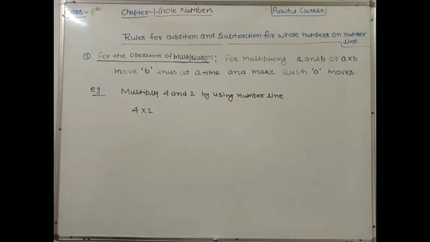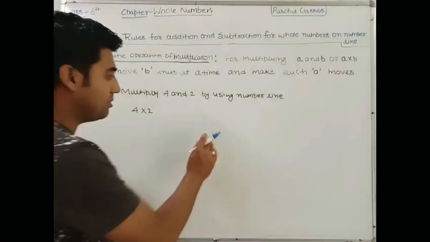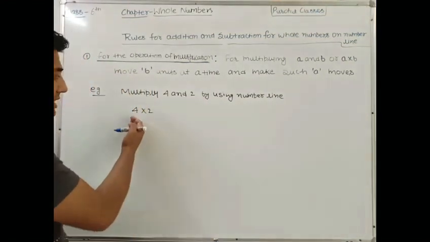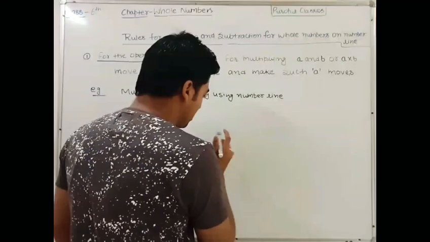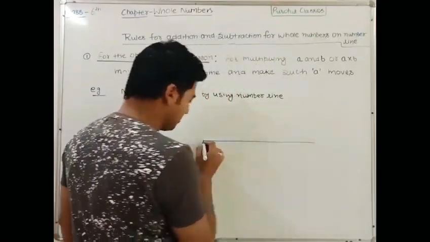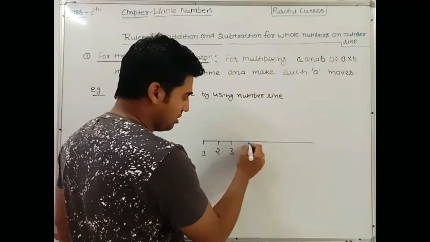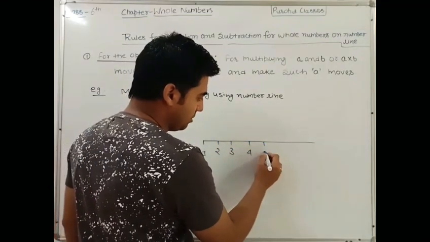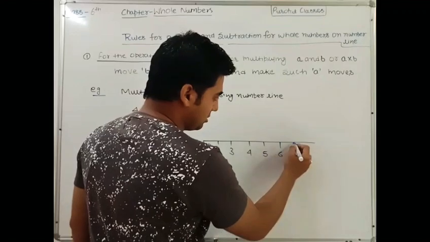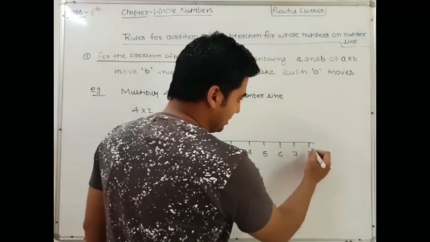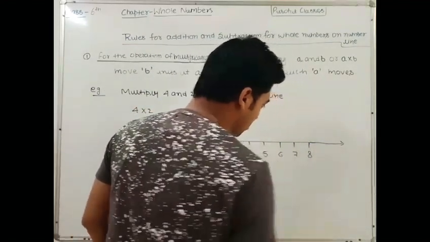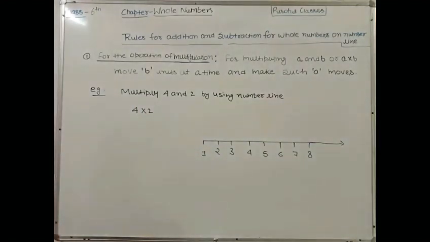Getting or not? Okay, so first let us draw a number line, and as we can get an idea, this will be equal to 8. So let us draw a number line. 1, 2, 3, 4, 5, 6, 7, and suppose this is 8, and this number line extends up to infinite. Okay, now let's see.